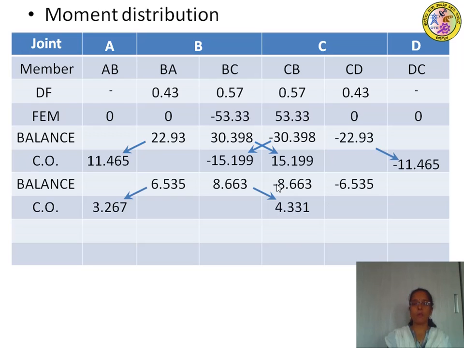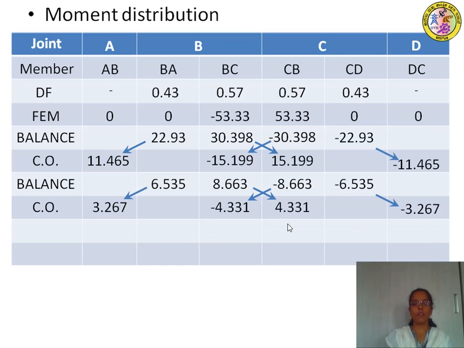Similarly, from CB to BC, that value will be half of minus 8.663, which is equal to minus 4.331. Next, moments are carried from CD to DC. Half of minus 6.535 will be equal to minus 3.267.